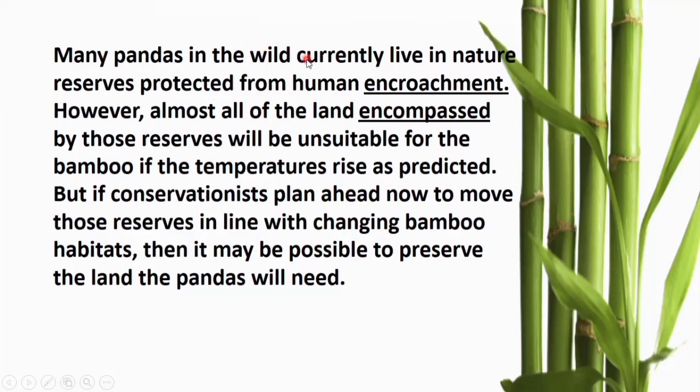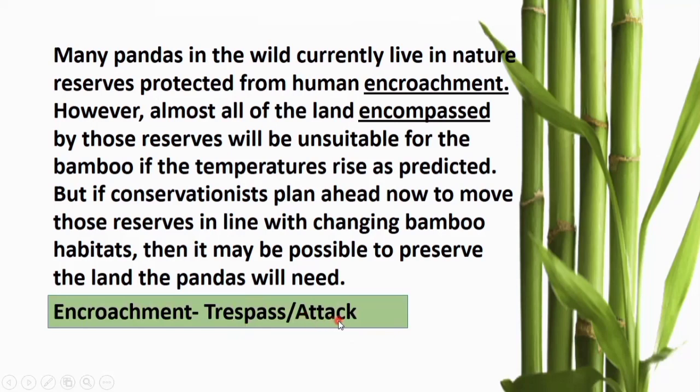Many pandas in the wild currently live in nature preserves, protected from human encroachment. Encroachment means trespass or attack. They are kept in reserves, however, almost all of the land encompassed by those reserves will be unsuitable for the bamboo if the temperatures rise as predicted.